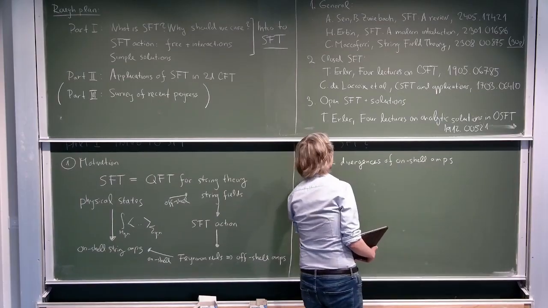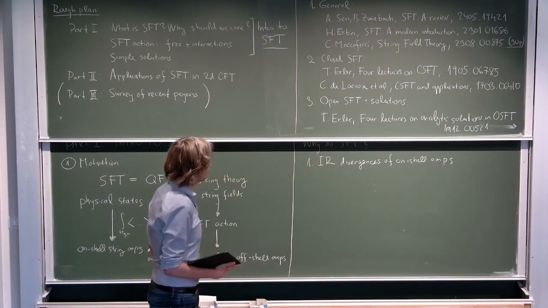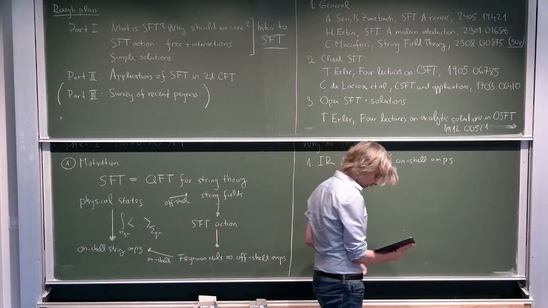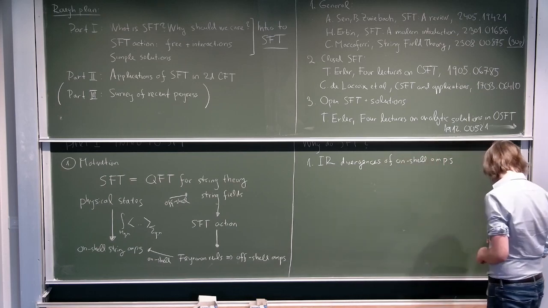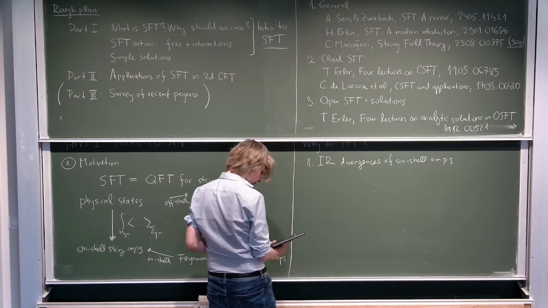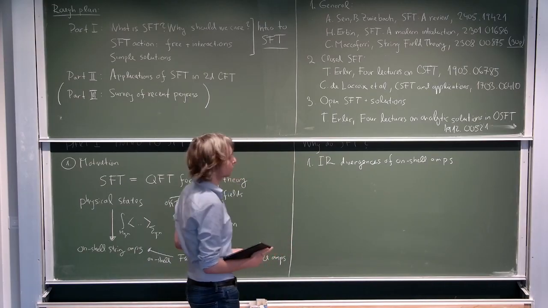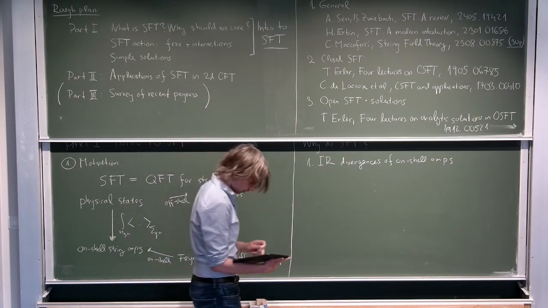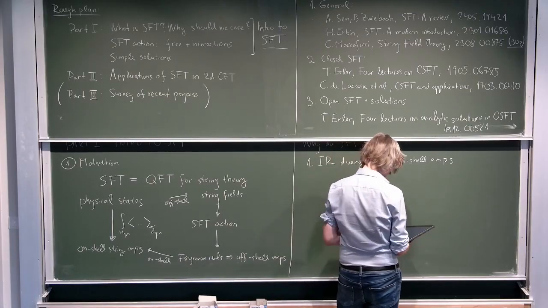So let me give you a couple of examples where these IR divergences arise, and to be very concrete and to stay at a very simple level of discussion, let me consider the simple cases of 2-to-2 scatterings, that is 4-point on-shell amplitudes.